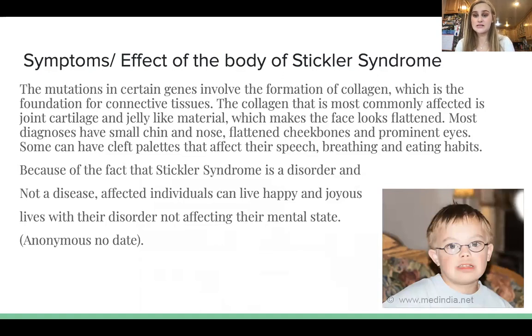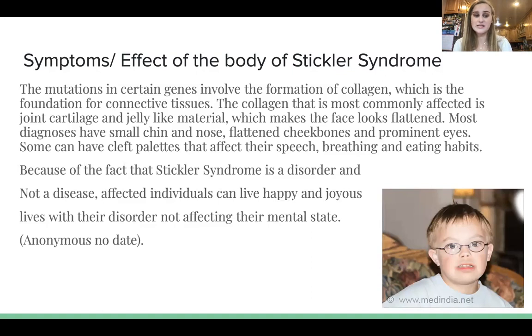The collagen that is most commonly affected is in joint cartilage and the jelly-like material, which can make the face look flattened, and that's how people affected with Stickler syndrome have joint issues, because of the joint cartilage not being molded and formed properly.